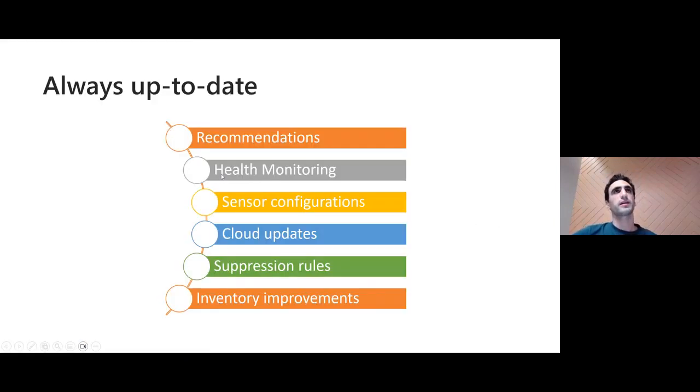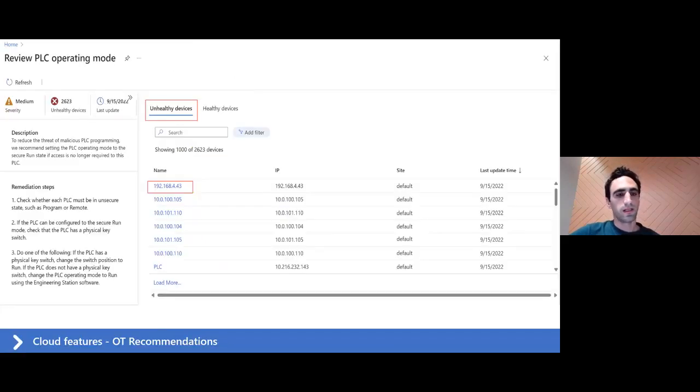Now, regarding keeping the solution up to date, I'll go over a few of our latest offerings and how we can ensure that they are always up to date in the cloud, be it recommendations, health monitoring, or other features. Now, the first feature I'll discuss today is the OT recommendations available in the cloud.